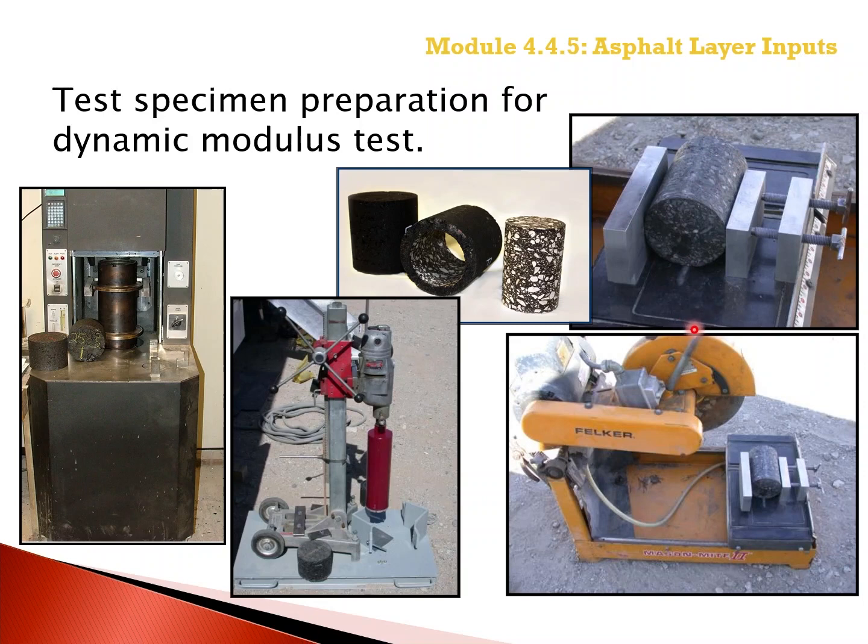Dynamic modulus test specimens are produced by compacting taller gyratory specimens at least 170 millimeters tall and 150 millimeters in diameter, and then coring out the inner 100 millimeter diameter core. The ends of the core are then sawed and/or trimmed to the final length of 150 millimeters.